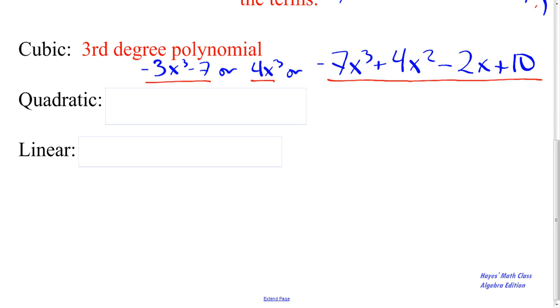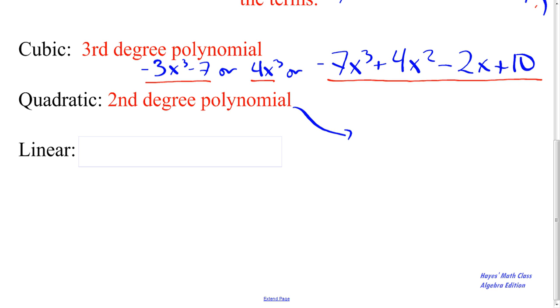Quadratic. Now, everybody thinks, ooh, quadratic, quad for four, just came out of the Olympics, you do a quadruple, the triple quad or something, or anything four. No, that's a little different. It means you have a second degree polynomial. I know, don't yell at me. Just one of those things. So as an example here, you could have a single monomial that's quadratic, or I could have a binomial that was quadratic.